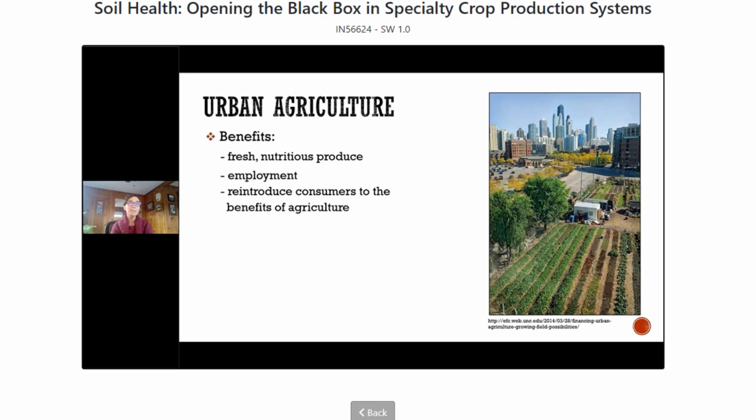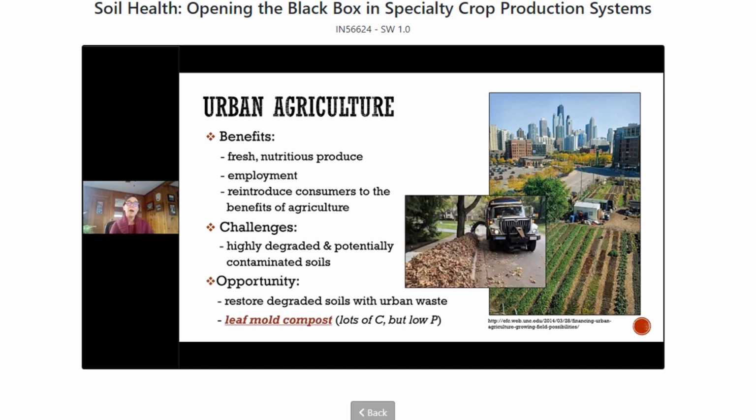There are lots of benefits from these systems in terms of providing nutritious produce, employment, things like that, but also a lot of challenges. Soils in urban systems can be very highly degraded due to building and things like that, and they can also in some cases be contaminated. So we've been looking at, how can we go into these systems and improve the health of these soils?